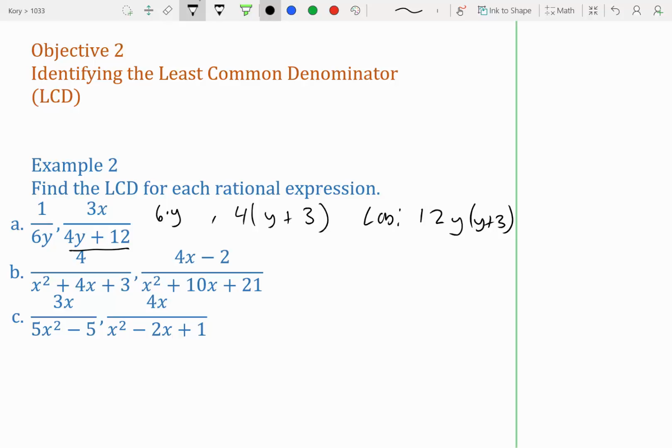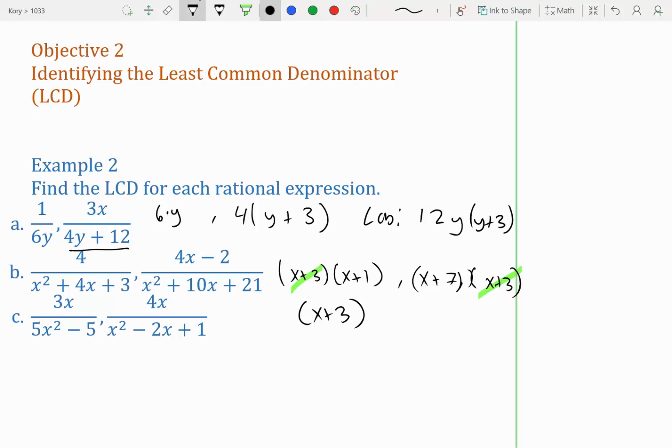Let's take a look at our second one. We only want to look at the denominator, so we're going to factor each denominator. So we have x plus 3, x plus 1, and then we have x plus 7, and x plus 3. So you see how they both share an x plus 3? That means we only need to write it once.